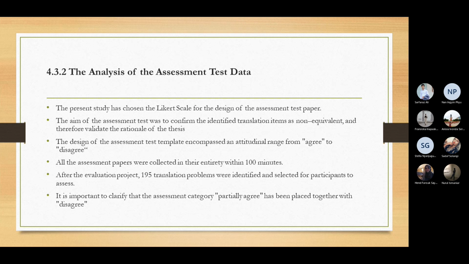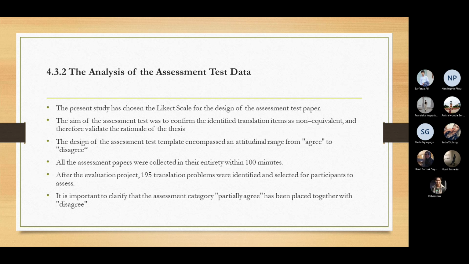So after the evaluation, the result was that 195 translation problems were identified and selected for the participants to assess. 195 translation problems is a huge figure that were identified with the help of the assessment test, which was conducted within the 100 minutes.